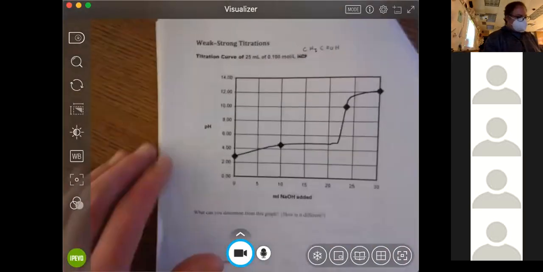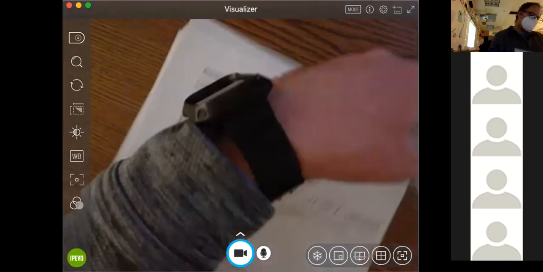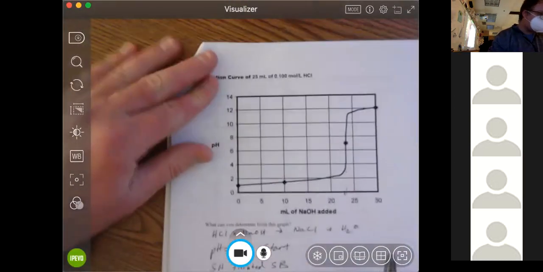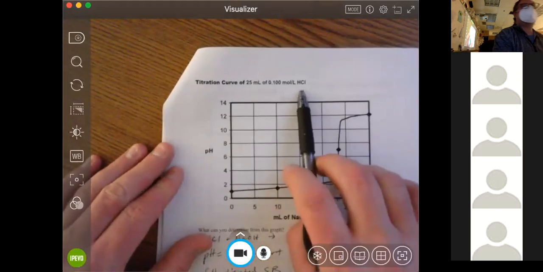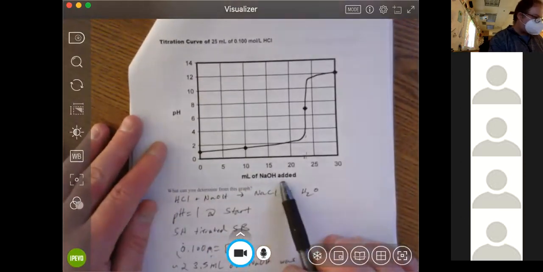So if we take a look, last time we dealt with a strong acid HCl and a strong base titration curve.